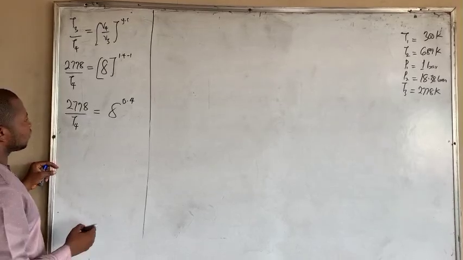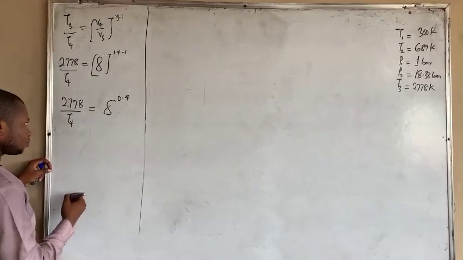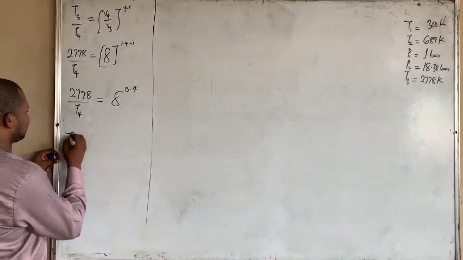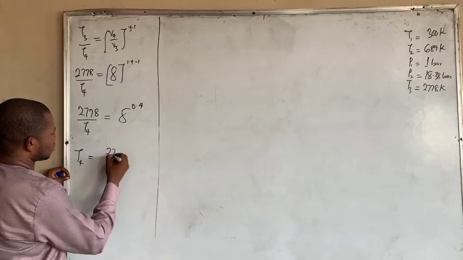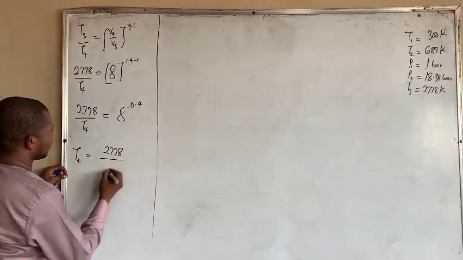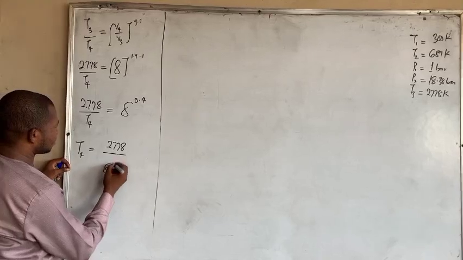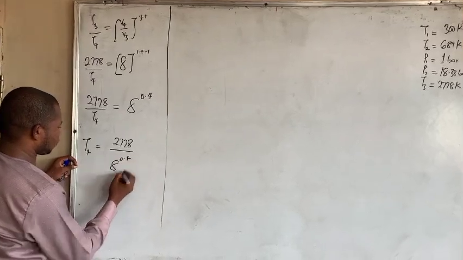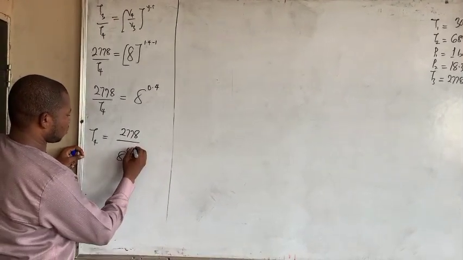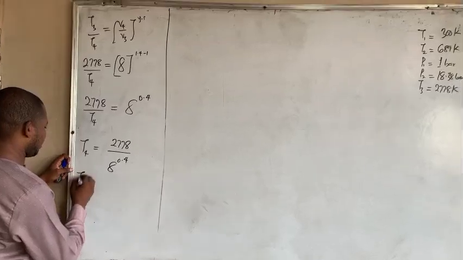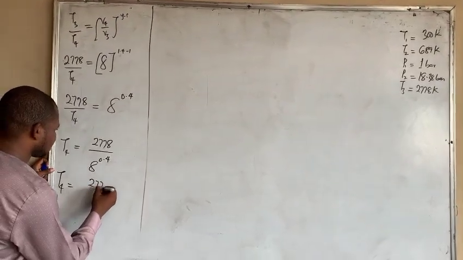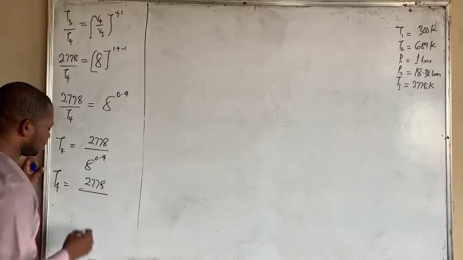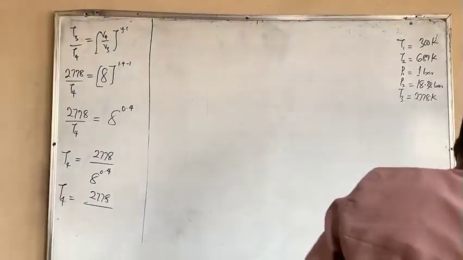Now it further becomes that T4 is equal to 2,778 divided by 8 raised to power 0.4.